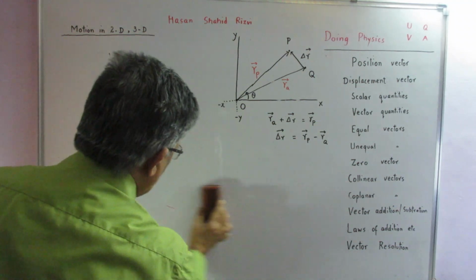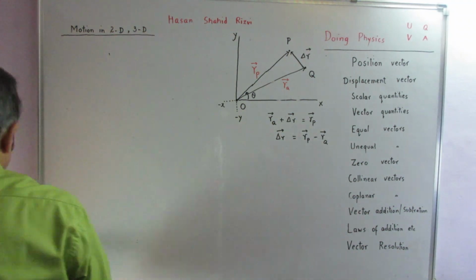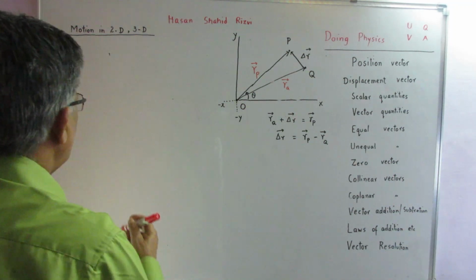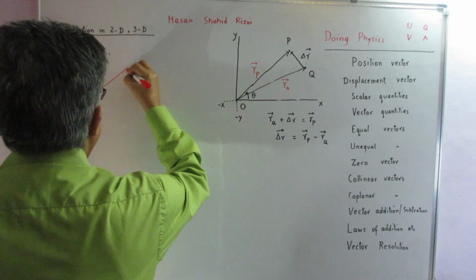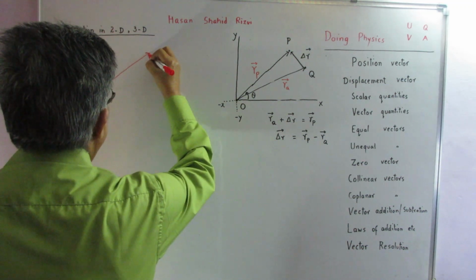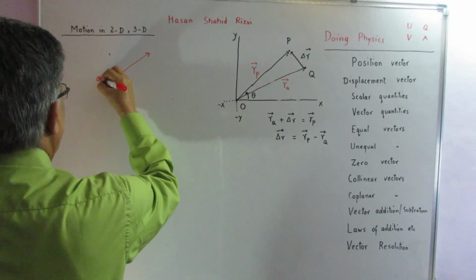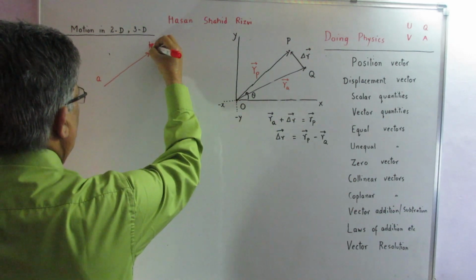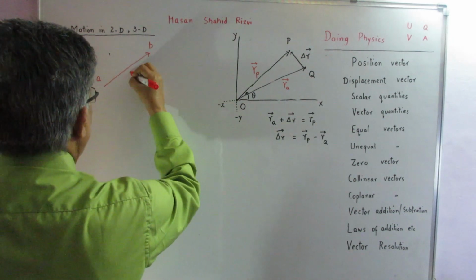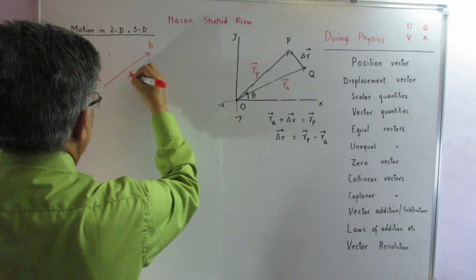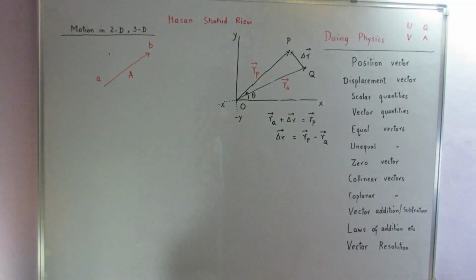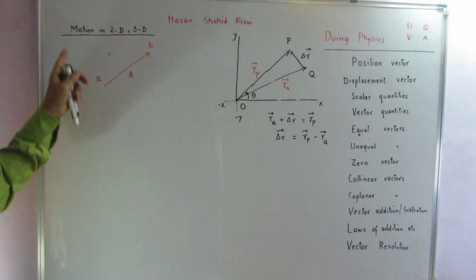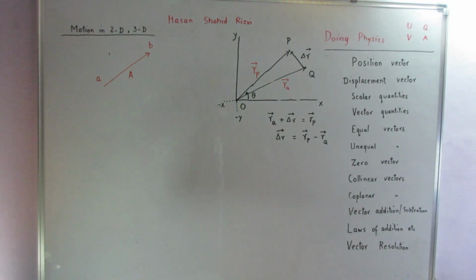Now suppose I have a vector which starts from the point A and ends at the point B, and we define this as vector A. It doesn't matter where it starts and where it ends in the three-dimensional or two-dimensional space.